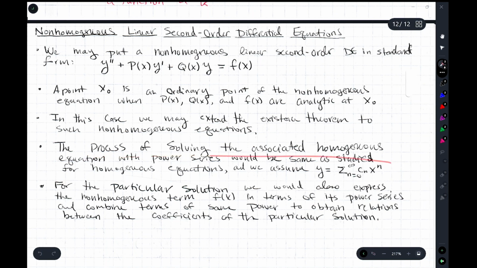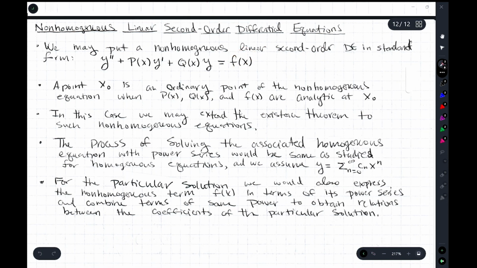And the process of solving the associated homogeneous equation with power series would be the same. So you would solve the homogeneous equation by just setting this to 0 for the associated homogeneous equation. You could then get the complementary function. For a particular solution, though, you're going to want to express f of x in terms of a power series. And we know we can because f of x is analytic about x naught.